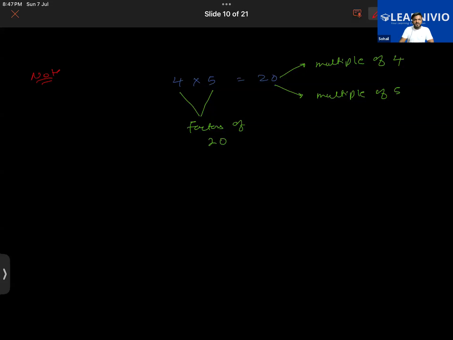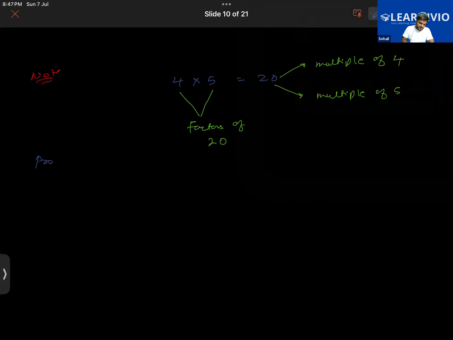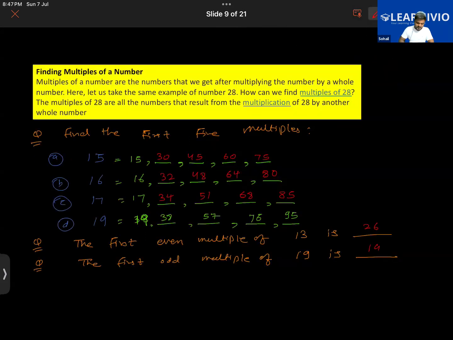Now let us learn about some of the properties of multiples. The first property is that there are unlimited multiples of any given number.